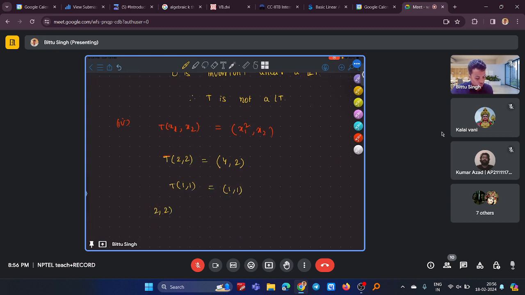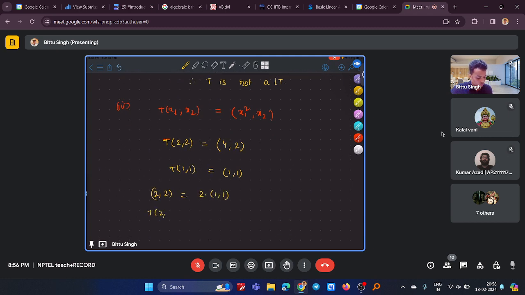Though 2 comma 2 is actually 2 times 1 comma 1, T of 2 comma 2, which is 4 comma 2, is not the same as 2 times T of 1 1. So T does not respect the scalar multiplication. Hence T is non-linear.